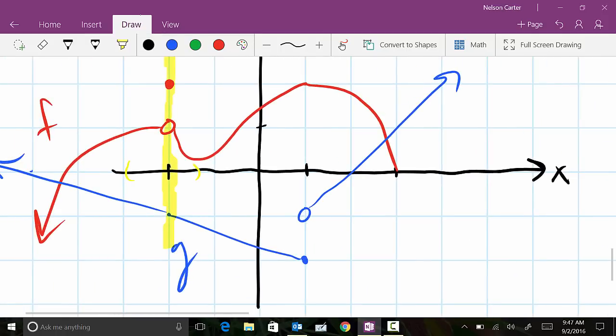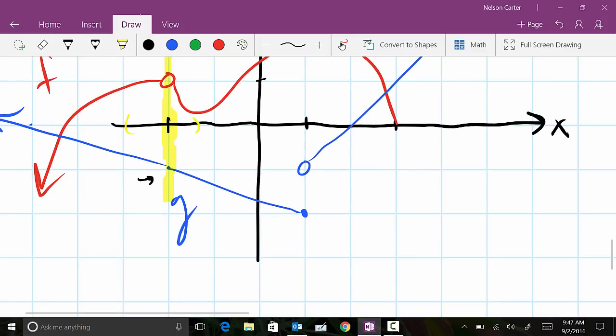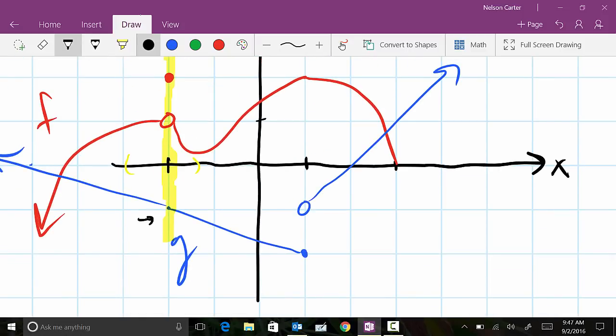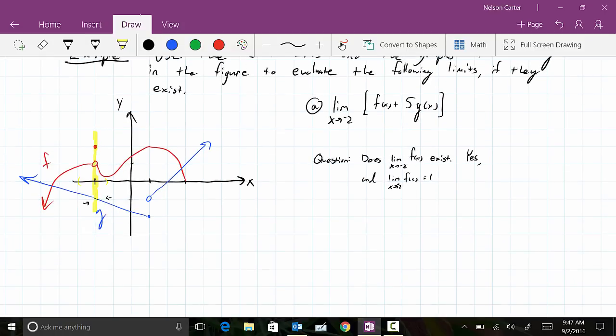We're going to look at g, and we're going to ask ourselves, as we're getting closer and closer to -2 from the left, does it look like the y value is going to equal anything? It does. It looks like it's going to equal -1. And as we get closer and closer from the right, it looks like the y value is getting closer and closer to -1.